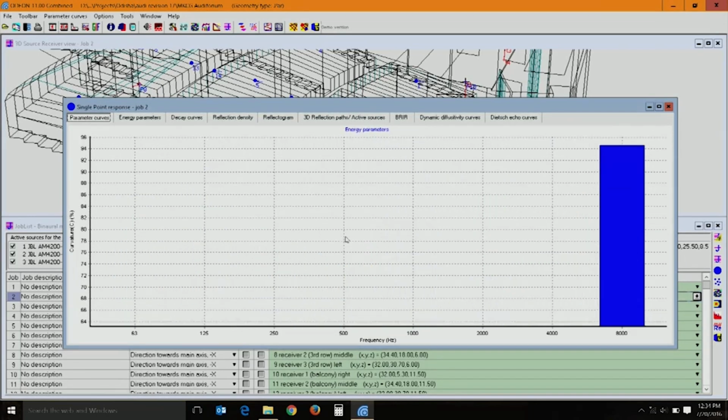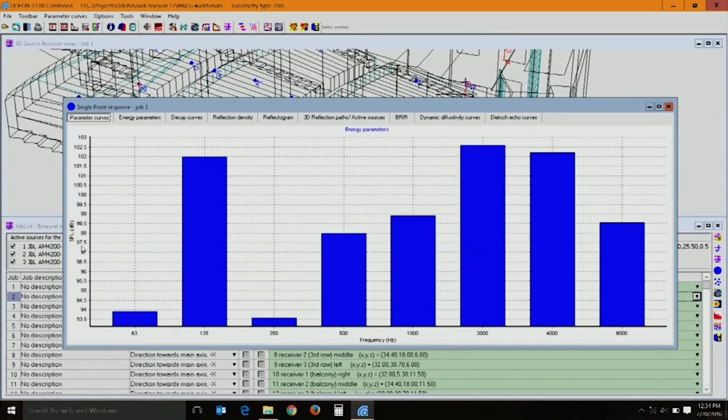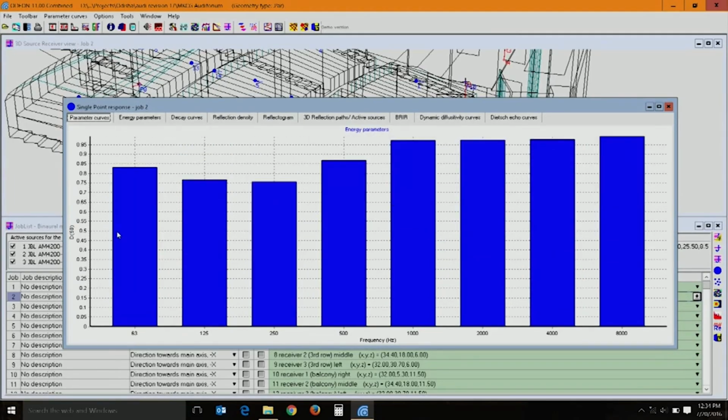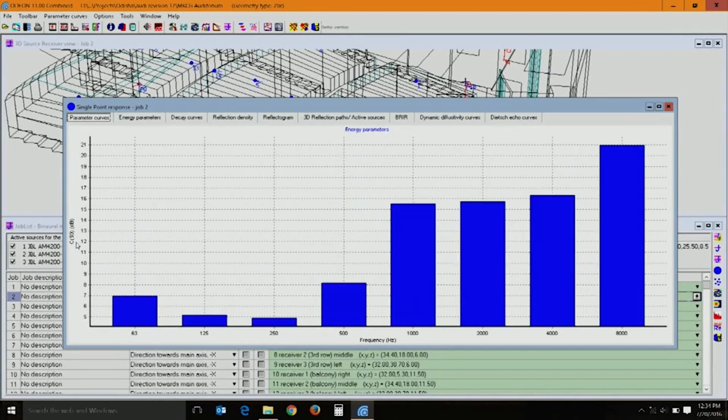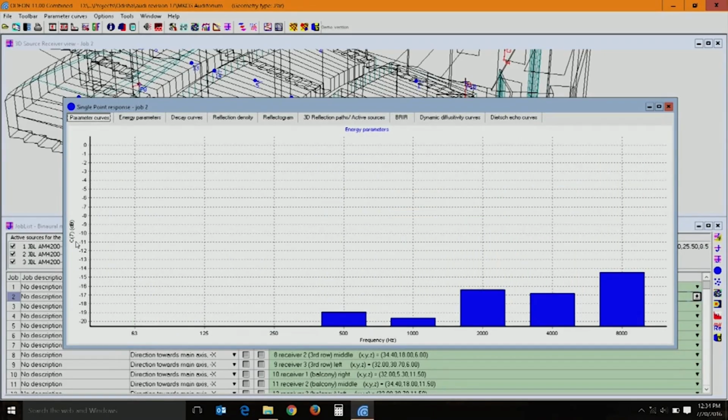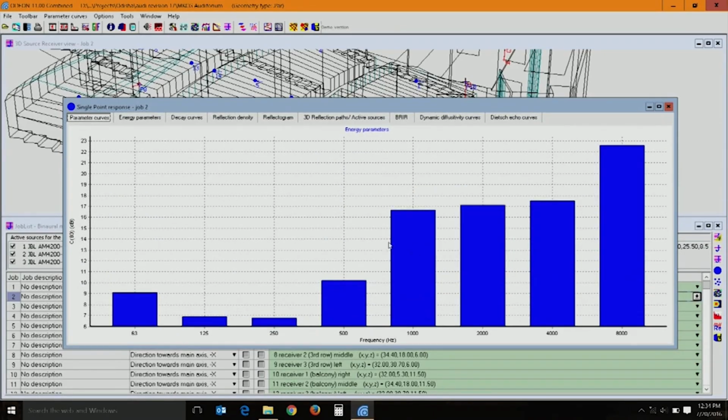T30 looks like this. Then you also get different parameters like curvature, sound pressure level, definition D50, clarity C7, C50, C80; we were discussing C50 and C80.